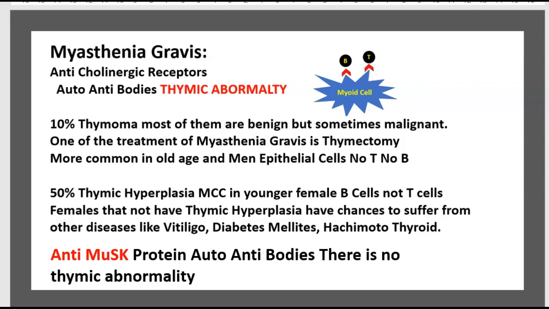But 50% have thymic hyperplasia, most common in younger females, with predominance of B cells, not T cells. Females who do not have thymic hyperplasia have a chance to suffer from other diseases like vitiligo, diabetes mellitus, and Hashimoto thyroiditis.